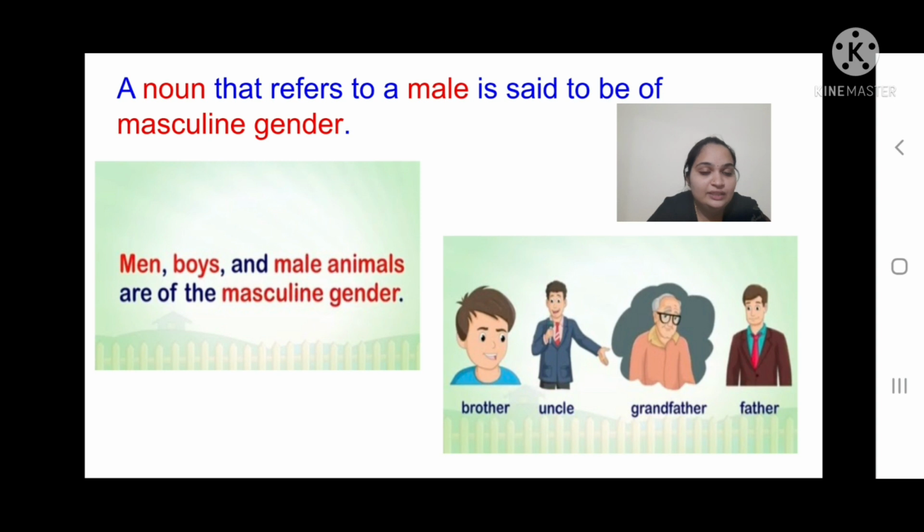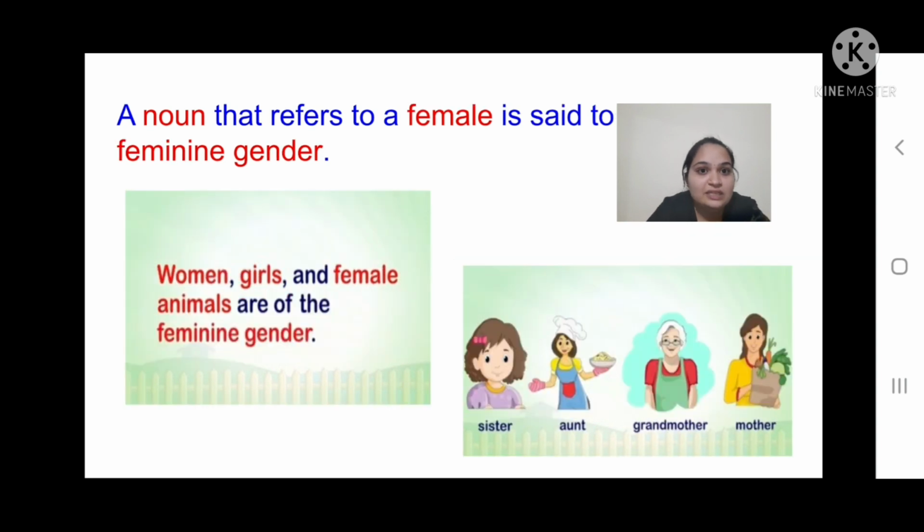What is masculine gender in nouns? A noun that refers to a male is said to be in masculine gender. Men, boys and all the male animals come under masculine gender. For example, brother, uncle, grandfather, father. Whereas the nouns that refer to female are said to be feminine gender. Women, girls and all the female animals are of feminine gender.